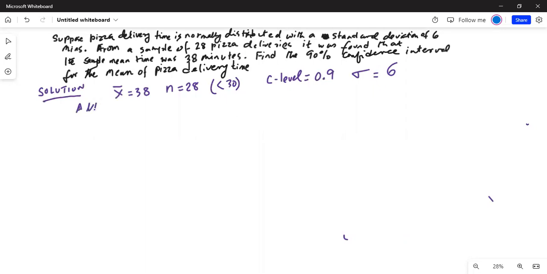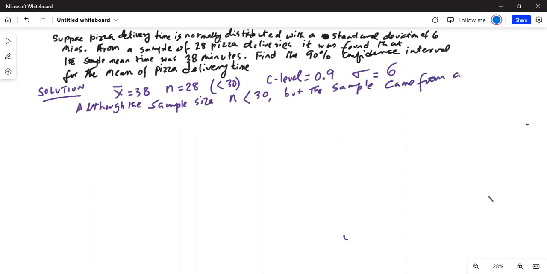Although the sample size n is less than 30, the sample came from a normal distribution.